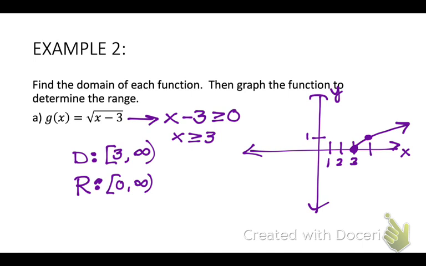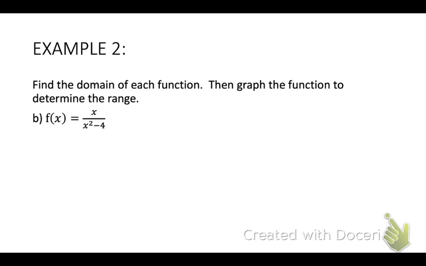All right. Next one, let's go to a rational graph. So same thing, part B. F of x is equal to x all over x squared minus 4. So whenever we have a rational graph, we know that we cannot have 0 in the denominator.